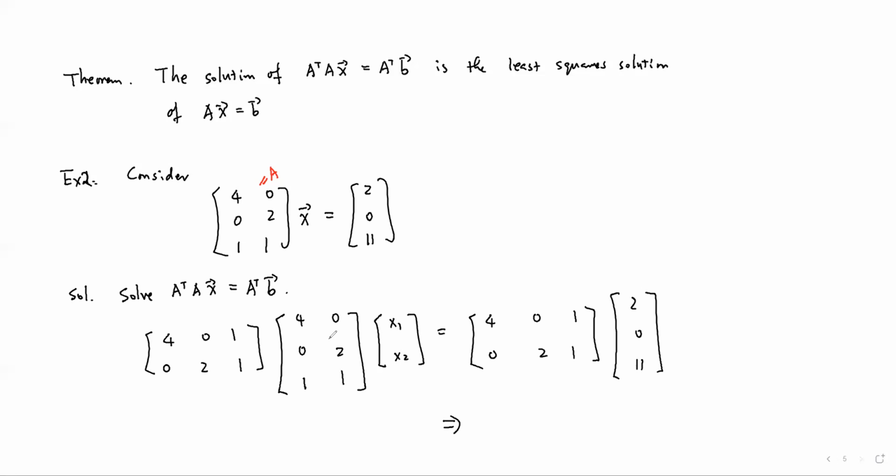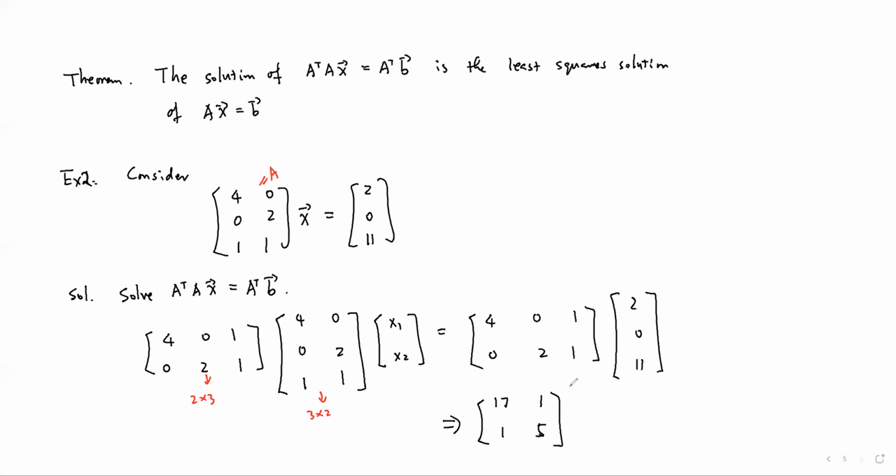Compare left hand side, this matrix times this matrix. It is 17, 1, 1, 5, right? This matrix is 2 by 3, and this is 3 by 2, so the result is 2 by 2.